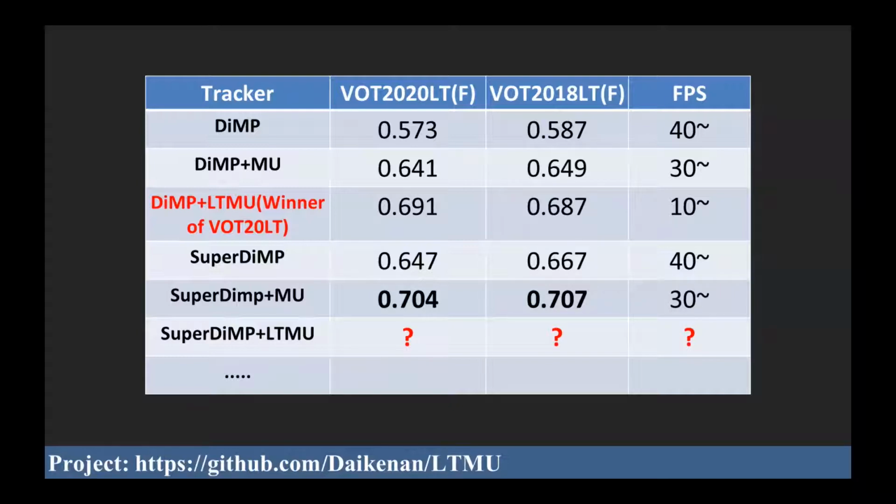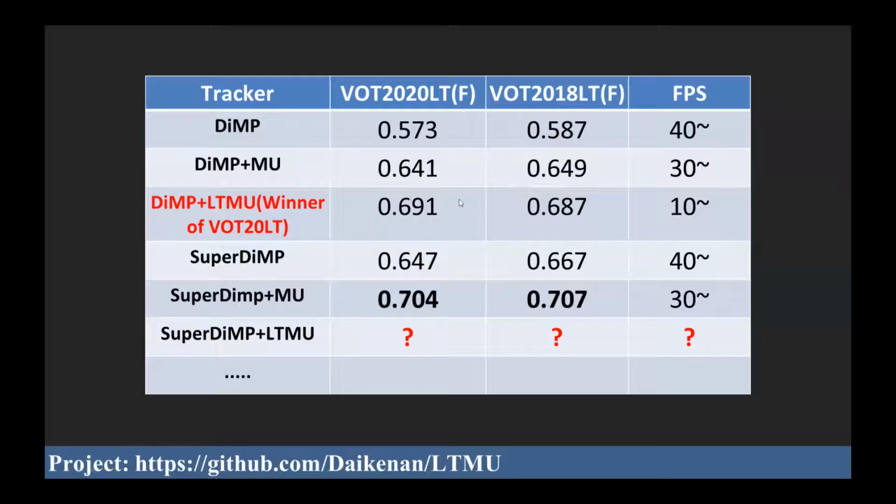This is the performance on the VOT2020 long-term challenge. Compared with DiMP, DiMP-MU improves over 6 points, and DiMP-LTMU is the winner tracker.